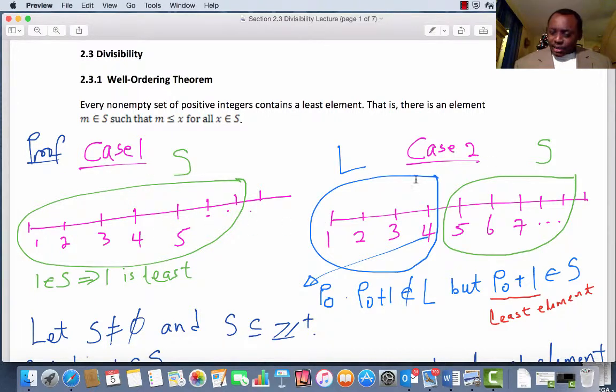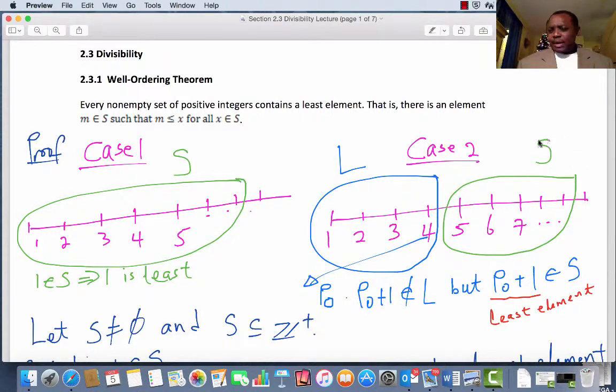So the first case is very straightforward. Now let's look at the second case. I pick a subset S of Z plus that does not contain 1. I want to prove that there is an element in S that is the least element. So what is the proof strategy?